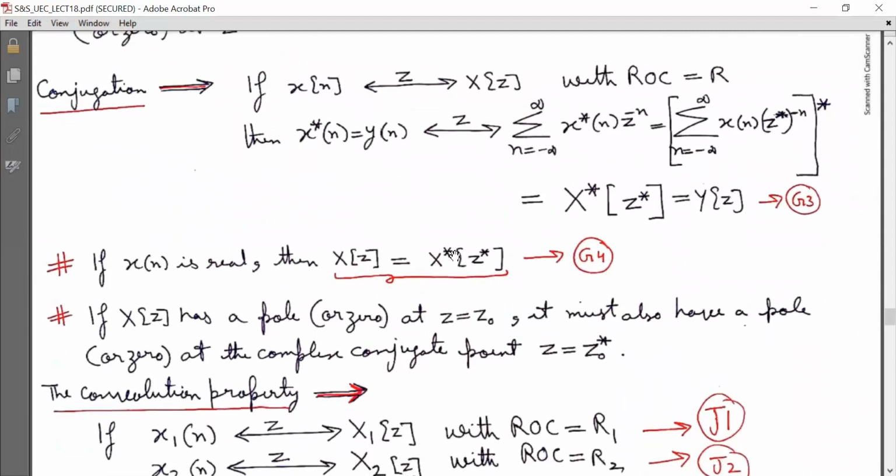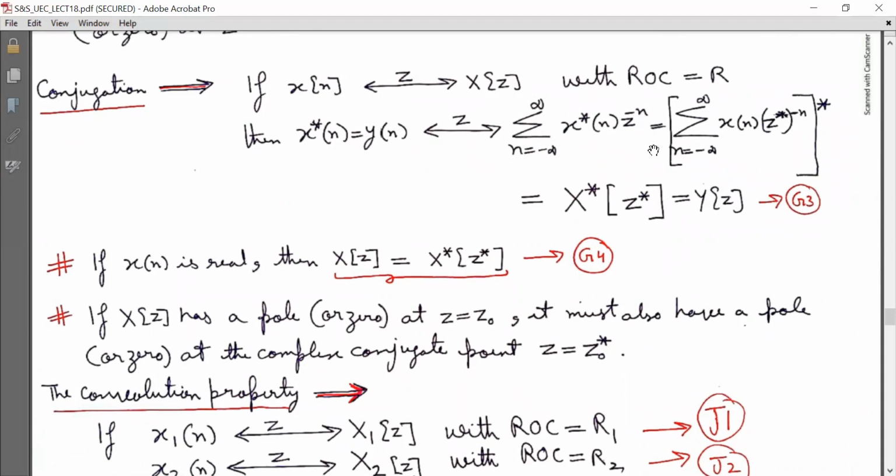Now next is conjugation. If sequence x[n] has Z transform X(z) with ROC equal to capital R, then x conjugate [n] equal to y[n] has Z transform Y(z) equal to summation n running from minus infinity to infinity x conjugate [n] z raised to minus n.